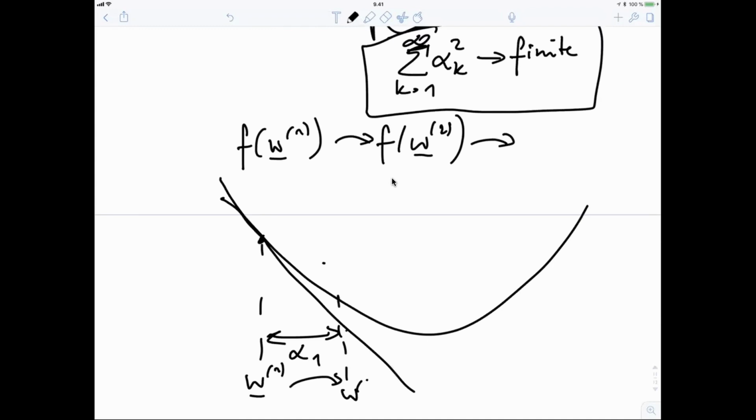You then get the next weight vector, and then you can evaluate the discrepancy between the decrease that is predicted by the linear approximation and the actual decrease that you can evaluate when you know the new iterate. If this discrepancy is too large, then you know that you were too optimistic. So the linear approximation does not hold well within this neighborhood. You should look at a smaller neighborhood. You should make this step size smaller, for example, divided by 2.